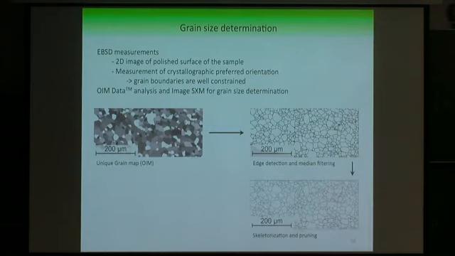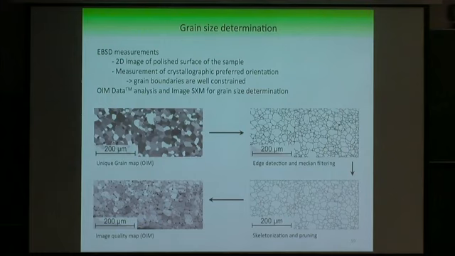Then I skeletonized and pruned this image, and I superimposed it on the image quality map that the OEM data software gave, which showed the grain boundaries in dark and the interior of the grains in a lighter color.